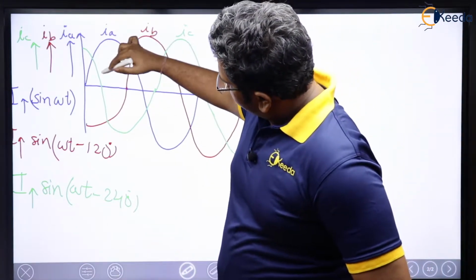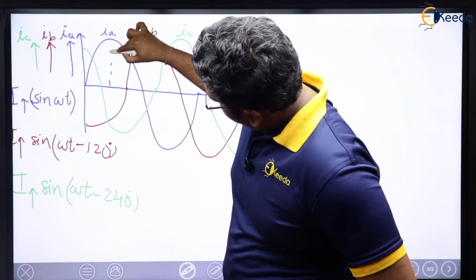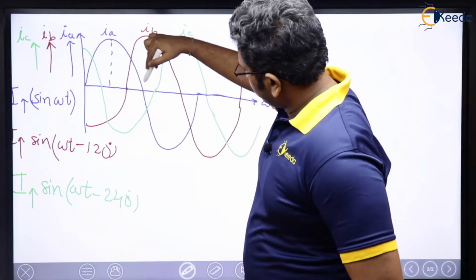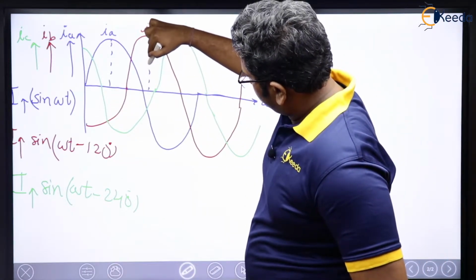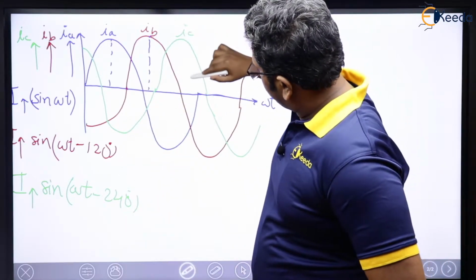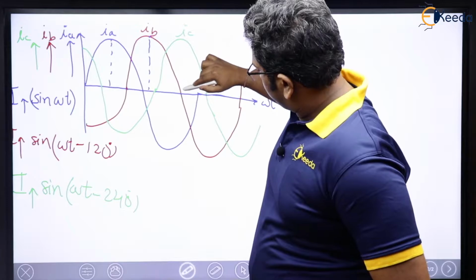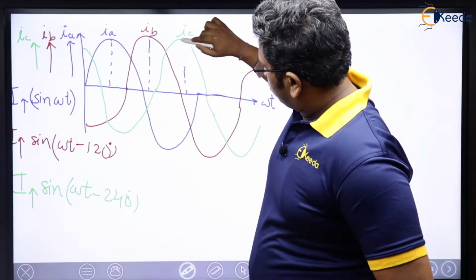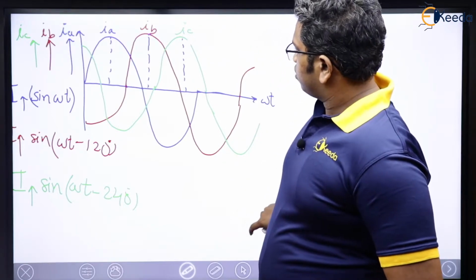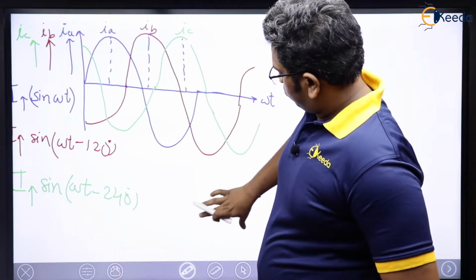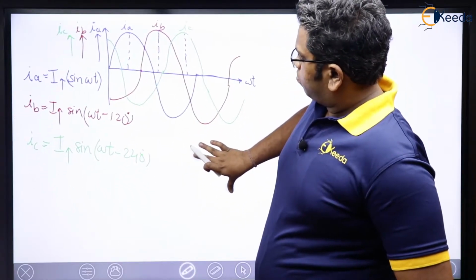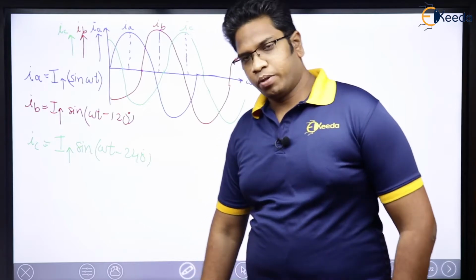Let me have this one instant like this, when IA is maximum, let me have another instant when IB is maximum, and another instant when IC is maximum. Right?